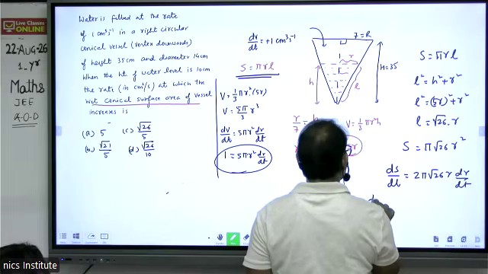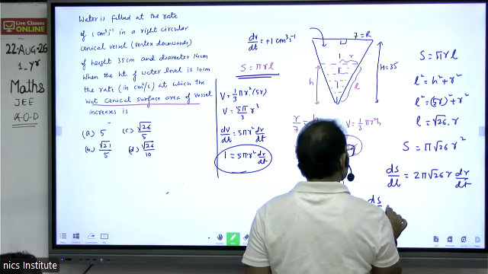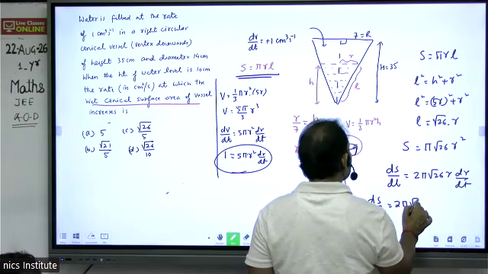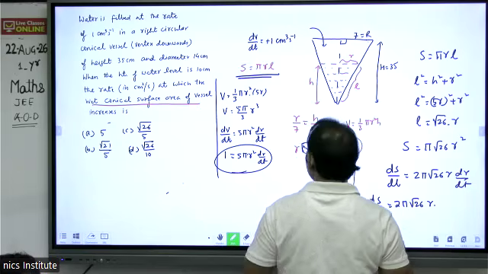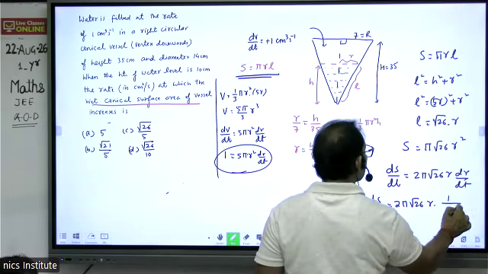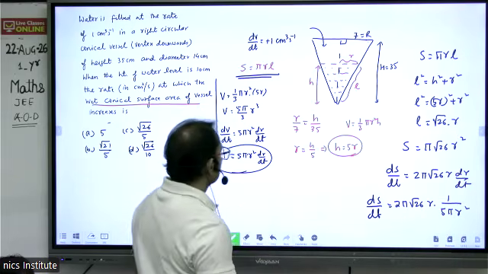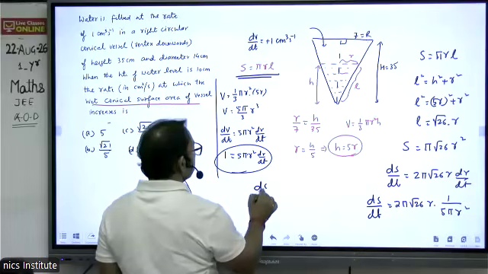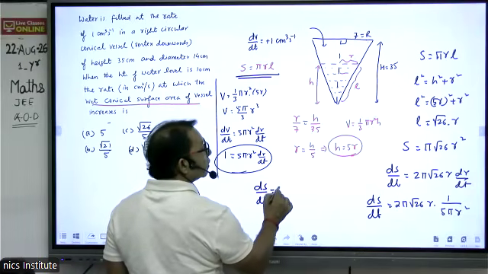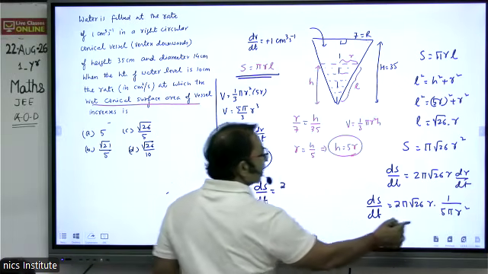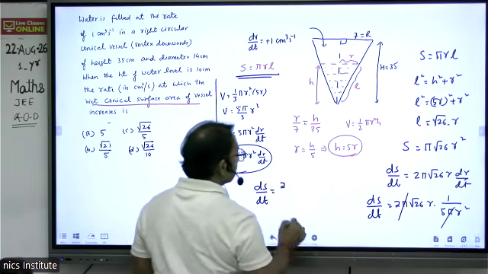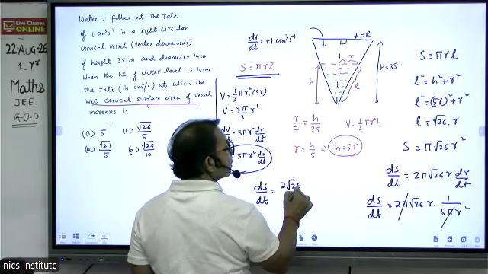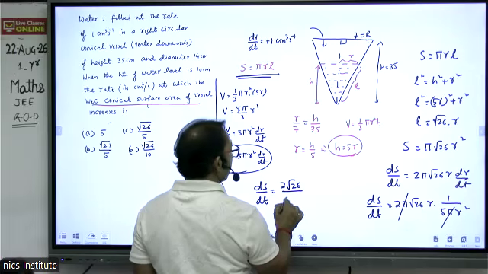Again, substitute that. So 2 pi root 26 r, and dr by dt is 1 by 5 pi r square. So dS by dt is coming out to be 2 pi, and pi cuts, 2 root 26 by 5r.